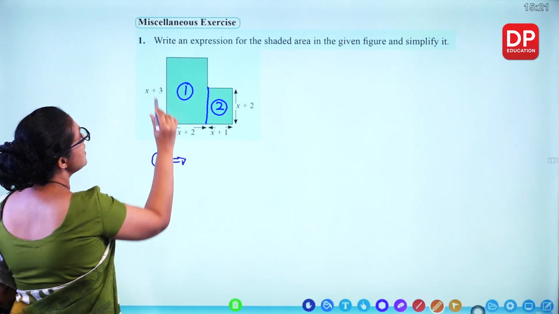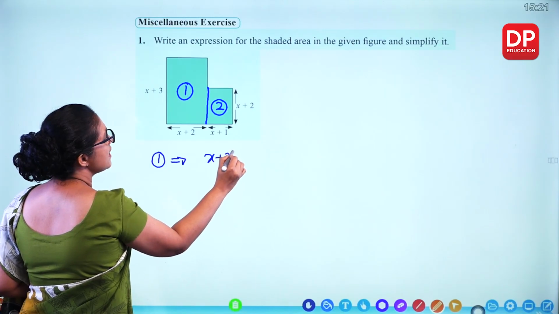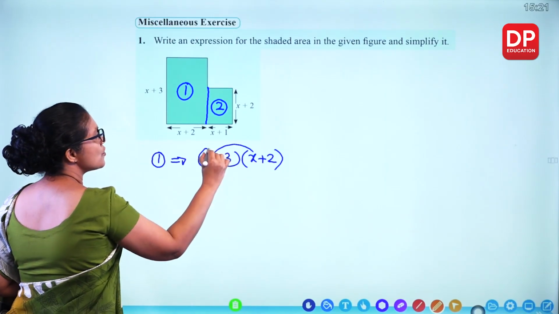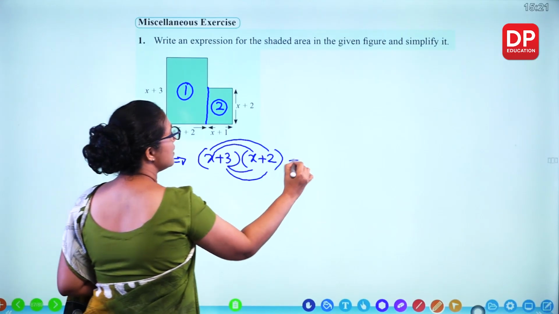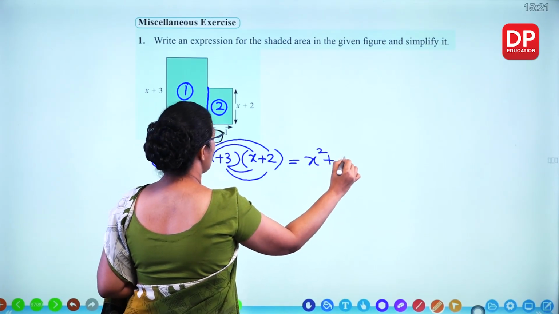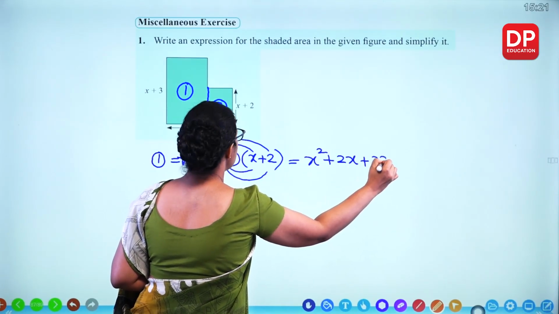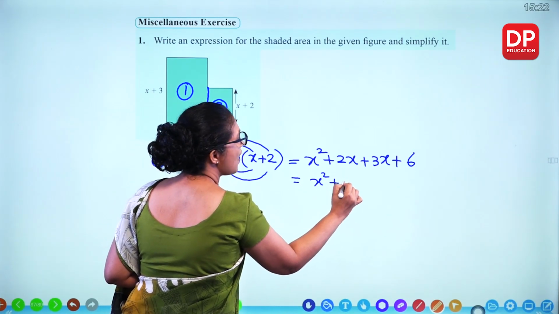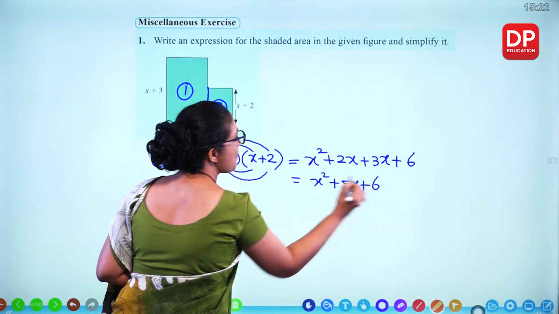First area is x plus 3 into x plus 2. Use FOIL. x squared plus 2x plus 3x and 6. You get x squared plus 5x plus 6.